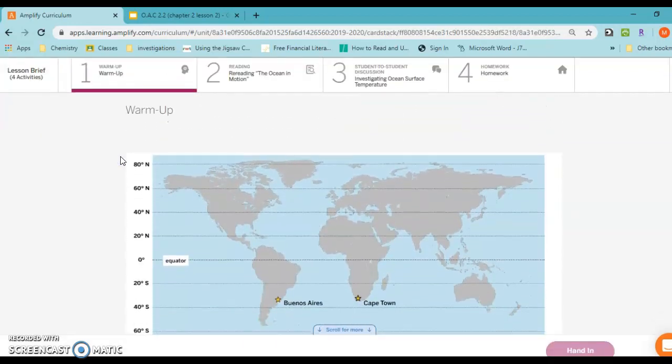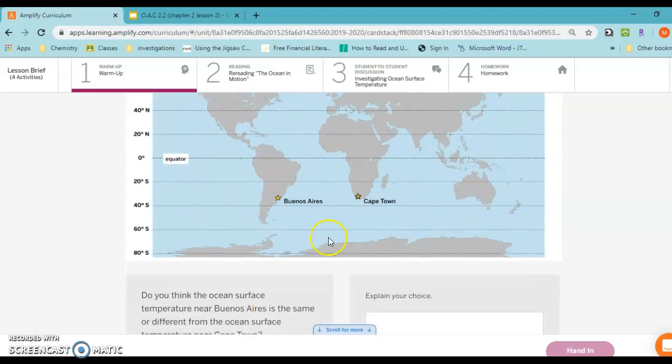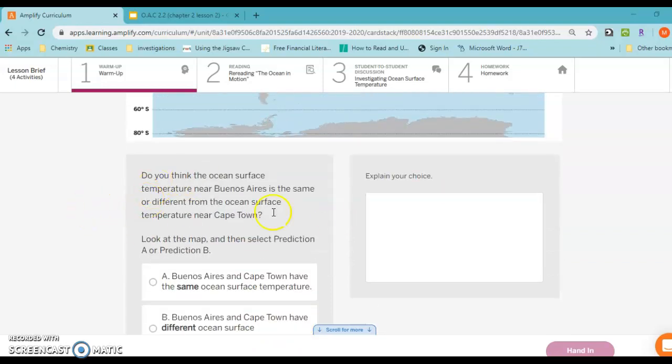So you're going to receive this map here, and as you see, we're looking at two different cities. We're looking at Cape Town in South Africa and Buenos Aires in Argentina. So, do you guys think that the ocean surface temperature near Buenos Aires is the same or different from Cape Town?